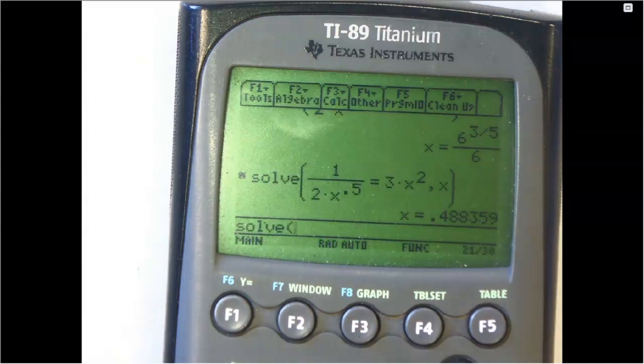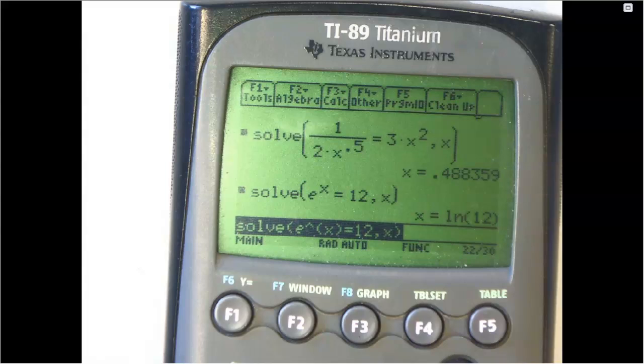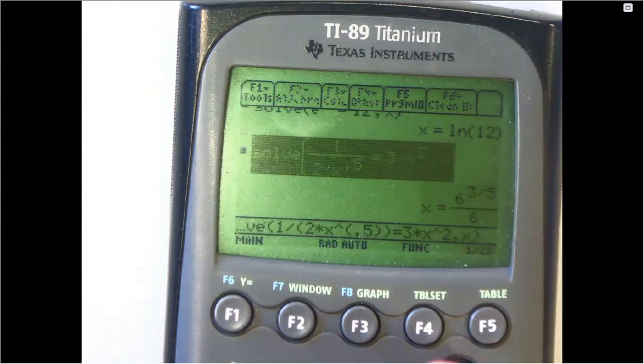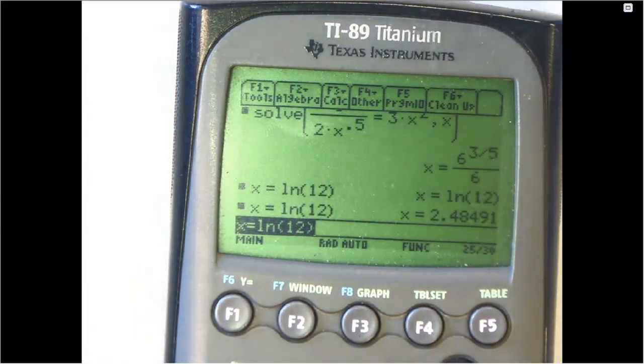F2 solve, with the variable x, diamond e to the x. Put your equal sign, 12.